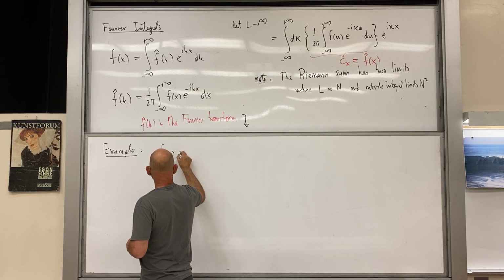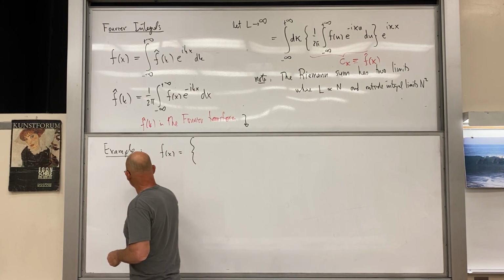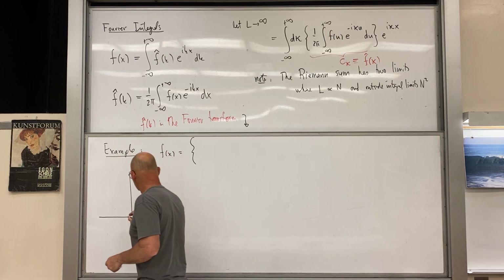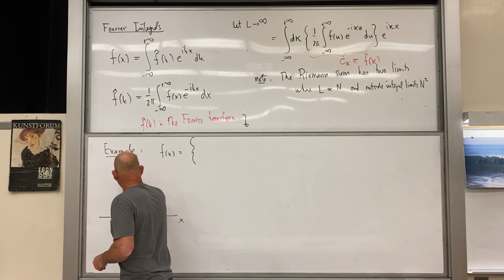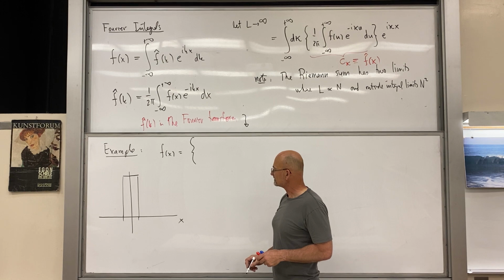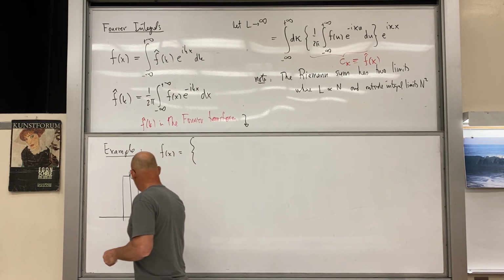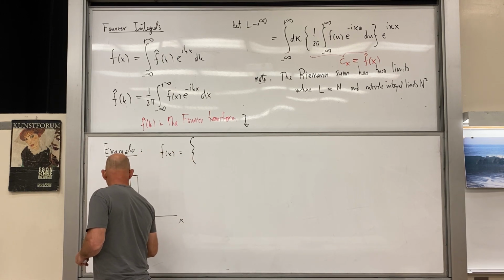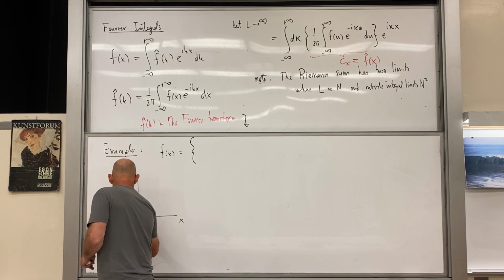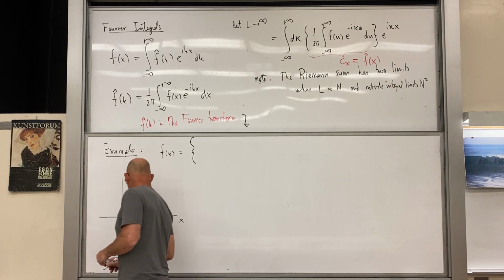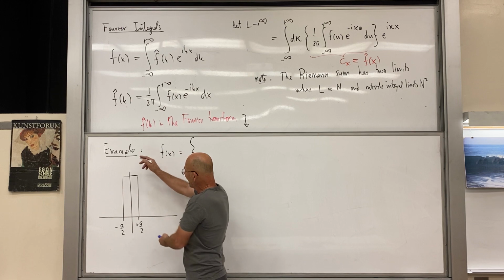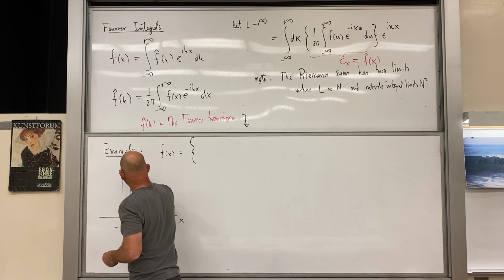f of x equals, and you know what, I'm just going to draw it first. So here's our x-axis, and we want this spike right here. Let's call this minus a over 2 and plus a over 2. So the width is a, and the height is going to be 1 over a.